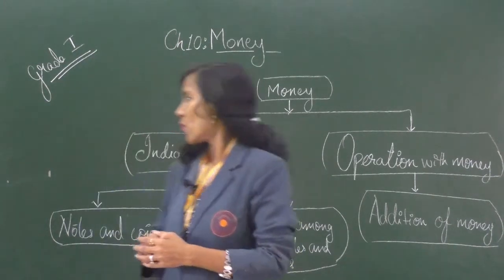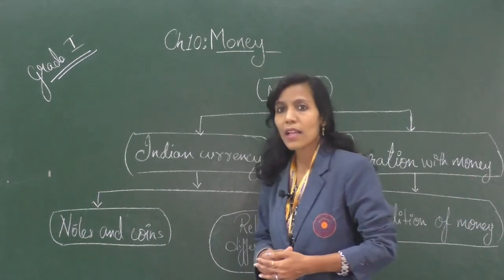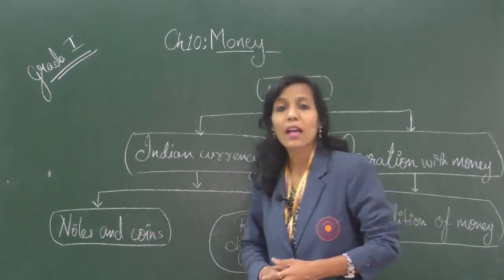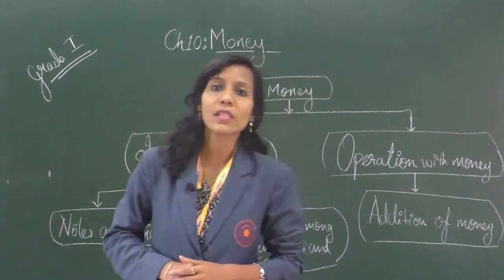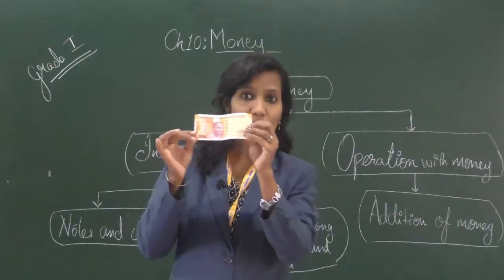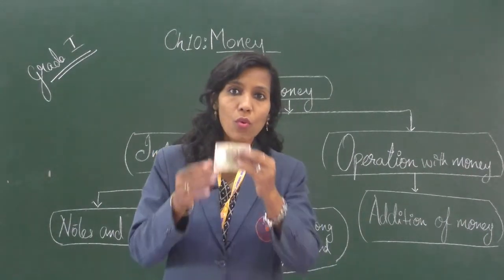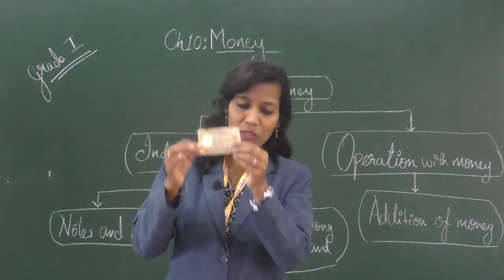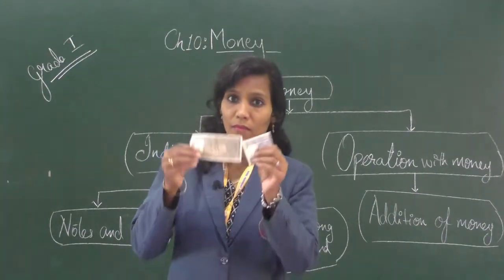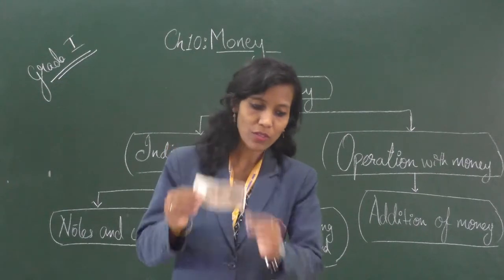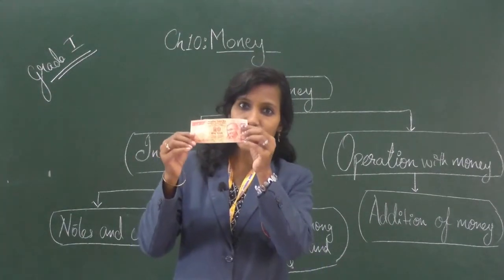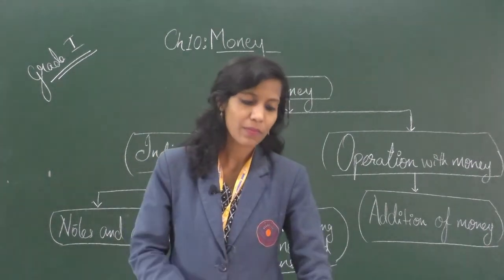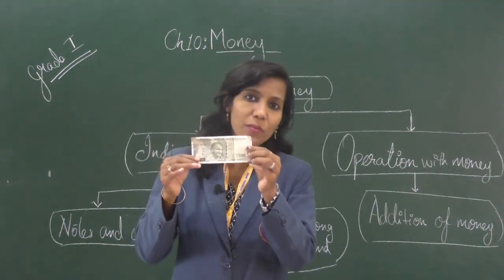So let's start first with Indian currency. And you have already seen different notes and coins under Indian currency. We saw 200 rupees note, 1 rupee note, 2 rupee note, 10 rupee note, 20 rupees note, 100 rupees note and 500 rupee note.